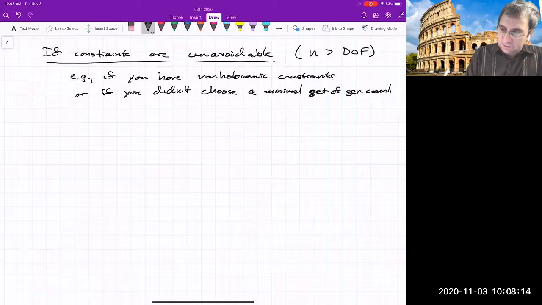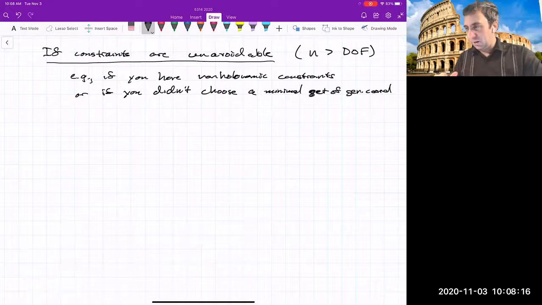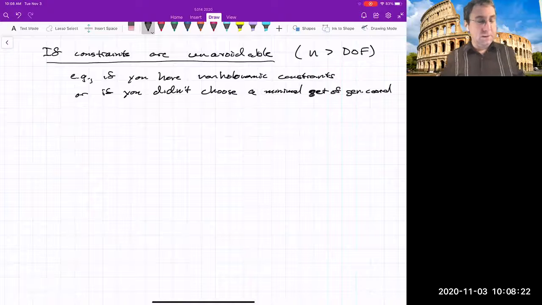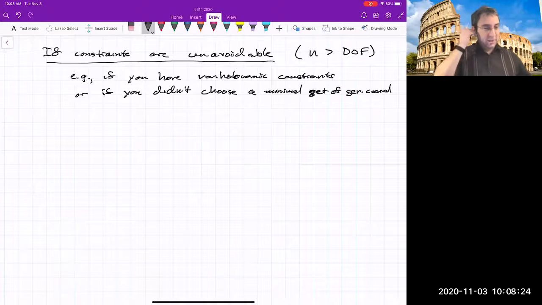Remember, we said that if all your constraints are holonomic, you can always theoretically find a minimal set, but maybe it's hard to find, especially if you have a large dimensional system, in which case you just have to work out what these constraints are.